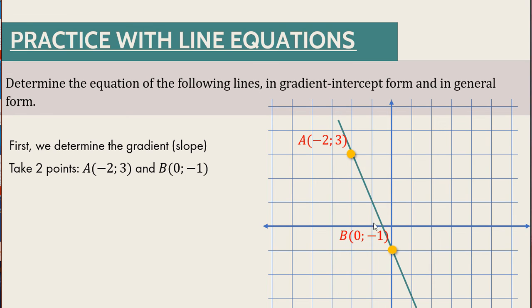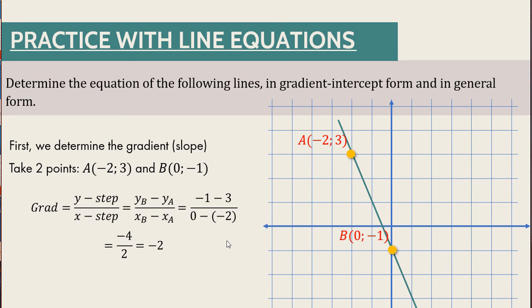And with these two points, we can calculate the gradient as well as the starting point of the line. The gradient is equal to the y step divided by the x step. It is equal to yB minus yA divided by xB minus xA. That should be equal to -1 minus 3 divided by 0 minus -2. And it is -4 divided by 2. The result is -2. So this is the gradient of the line, -2.